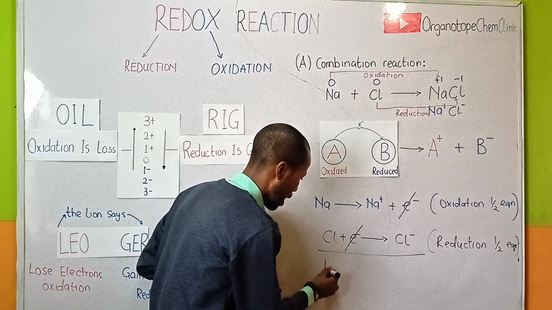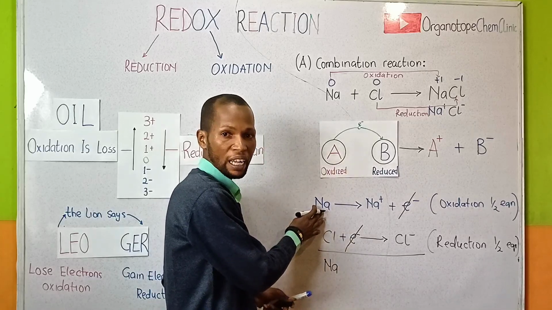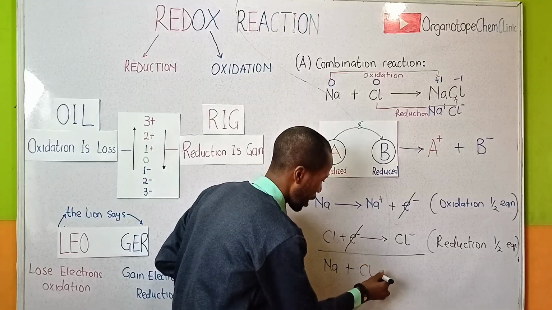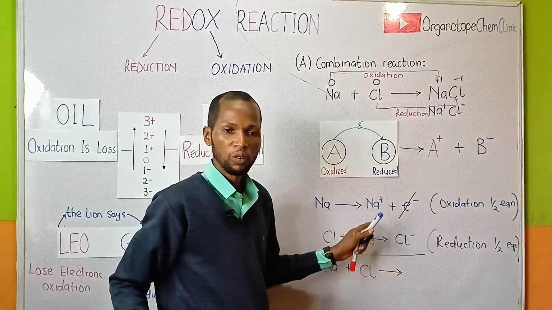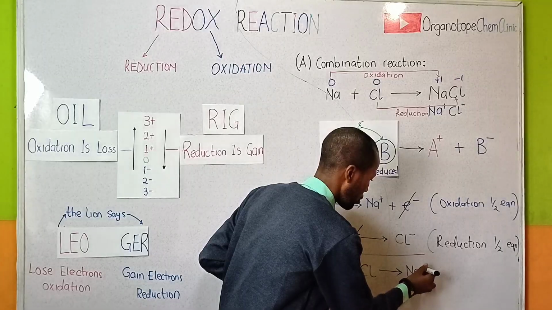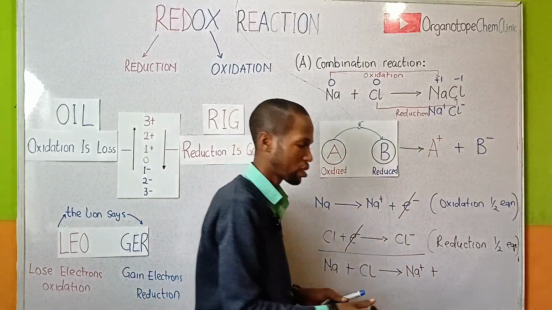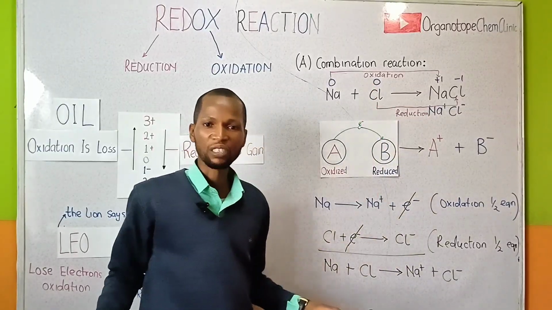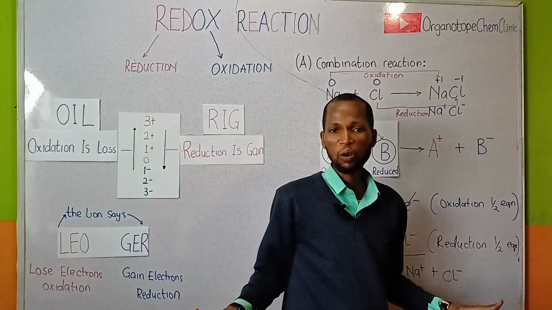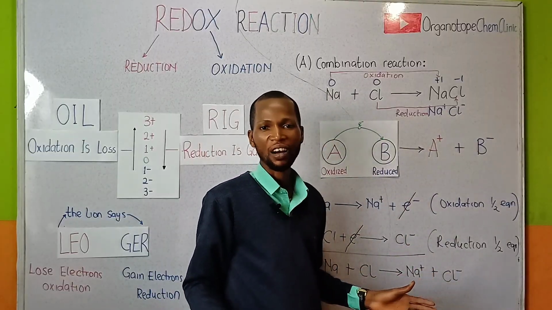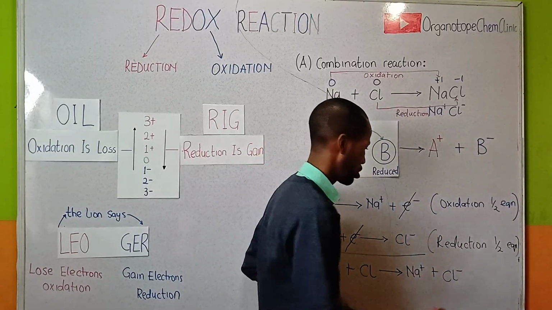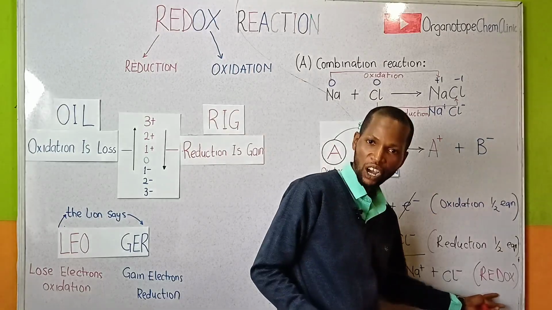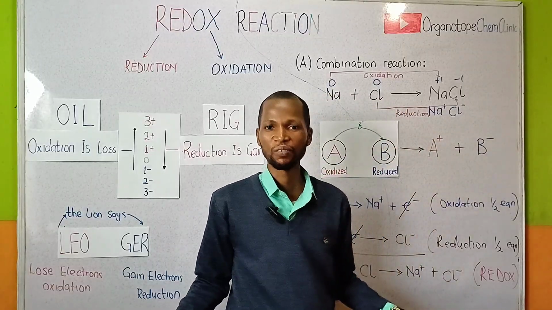So we have Na, the sodium atom, plus Cl going to the sodium ion right here, plus the chloride ion. So we've been able to obtain the overall equation that we actually started with. Makes sense? So when we put the two half equations together, what we get is called redox. Reduction, oxidation, reaction. Makes sense?